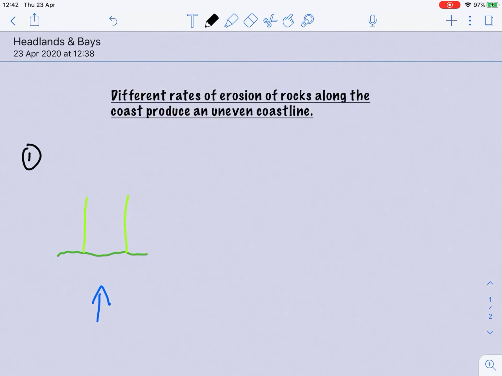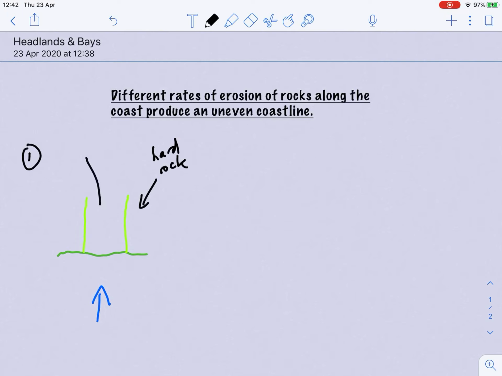So here we have hard rock. So this is a more resistant rock, something like an igneous rock, maybe a metamorphic rock as well. Granite is a common igneous rock found on the British coastline.